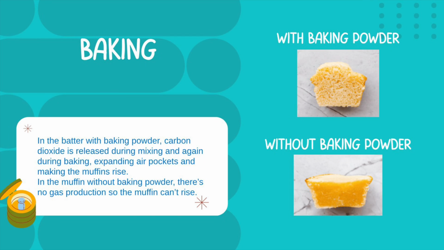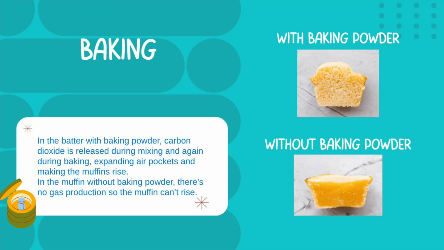After watching that demonstration, it's pretty clear why baking powder is super important as a leavening agent in baking and getting the texture that we want. So here's a comparison of two different muffins, one that was cooked with baking powder and one that had no baking powder. So in the batter with the baking powder, the carbon dioxide is released during mixing and then again during baking, allowing it to expand the air pockets in the batter and make the muffin rise.